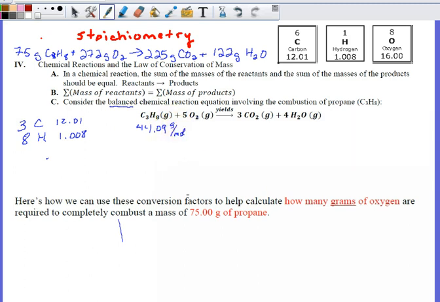Now your oxygen, there's just 2 oxygens there. Your oxygens are 16.00 each, so that's 32.00 grams per mole. And then on the product side, you have carbon dioxide, so 1 C and 2 O's, and you do the same procedure on that, and you get 44.01 grams per mole.